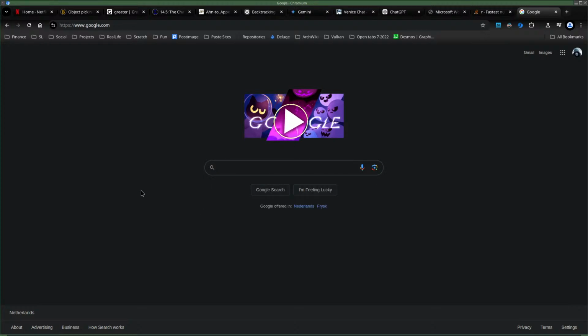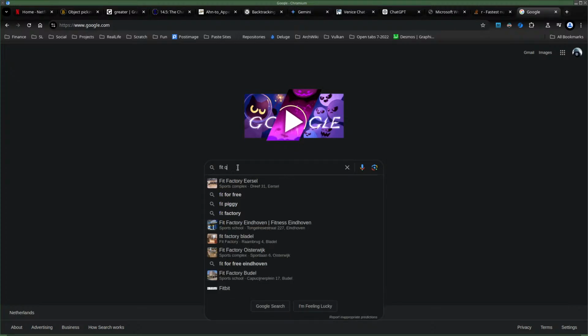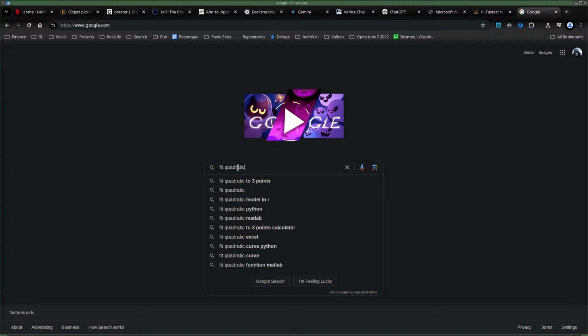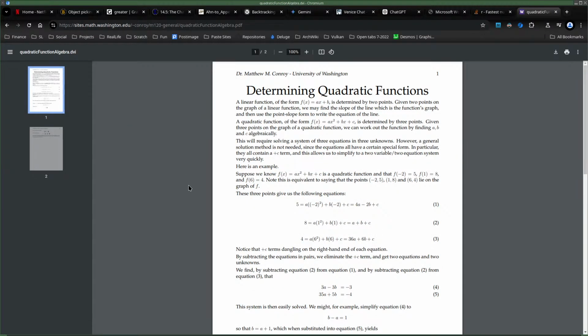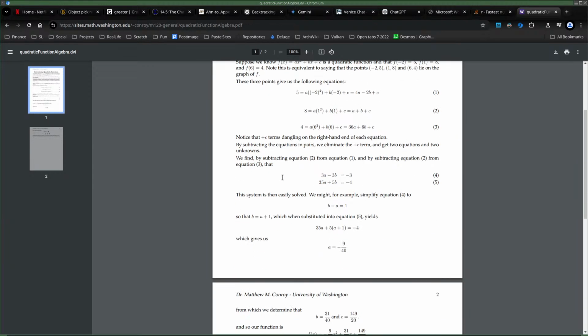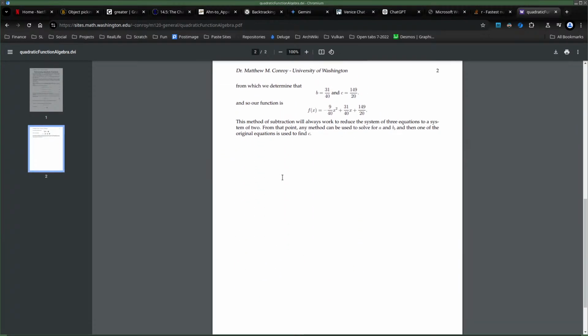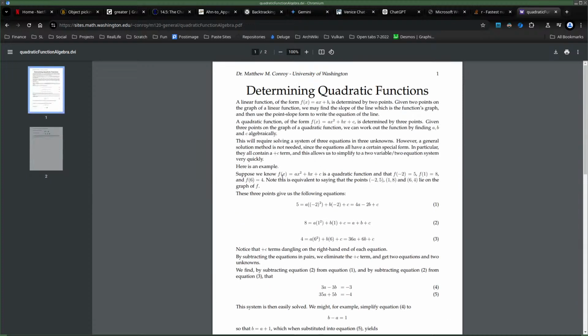Okay, what was I going to type? Fit quadratic through 3 points. And of course they have to use little numbers. Nobody's interested in numbers.